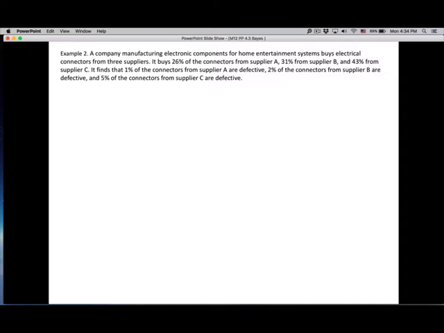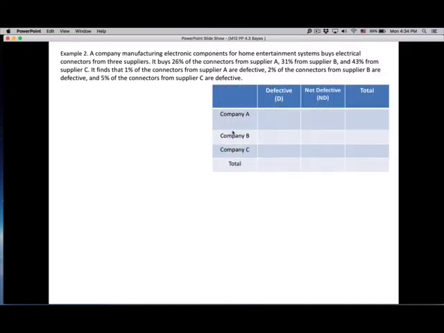Okay, so now you know that we have the connectors, and these connectors are made by 3 companies, company A, company B, and company C. And then the connector can be defective or not defective. So now I'm gonna create the table with 3 different companies, and for each company, the connectors can be defective or not defective.